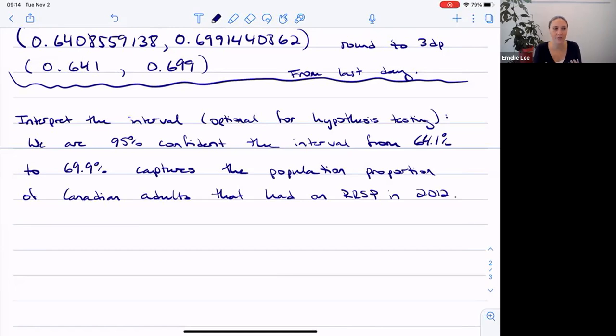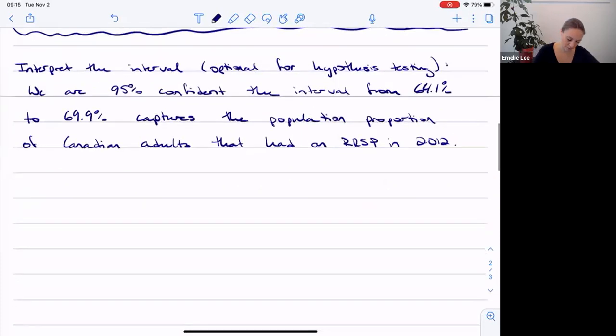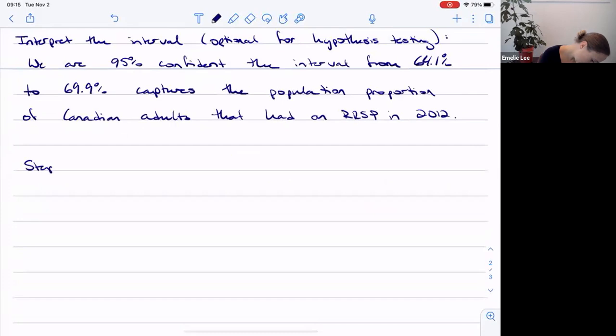Once we have the interval, step 3 is what I'm going to call gather evidence. Usually I just call it find the p-value, because that's what we do with the p-value approach, but with a confidence interval I had to find a more general term.